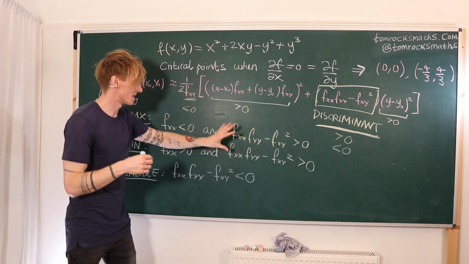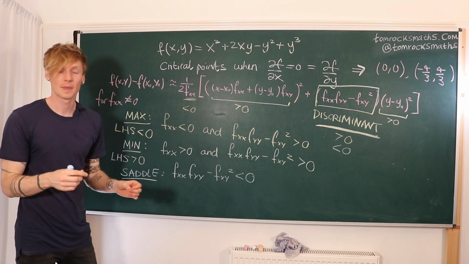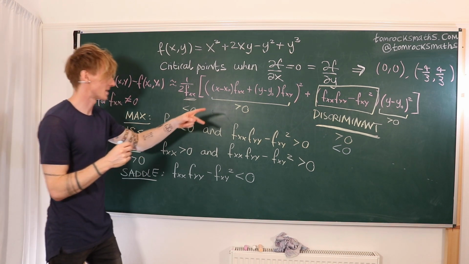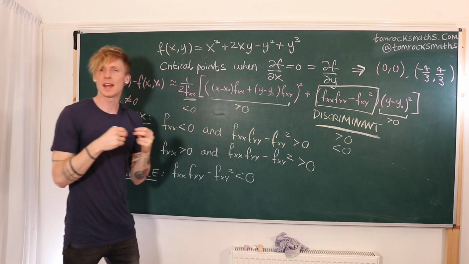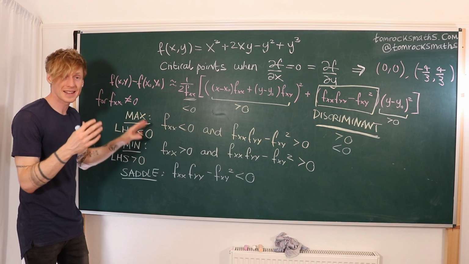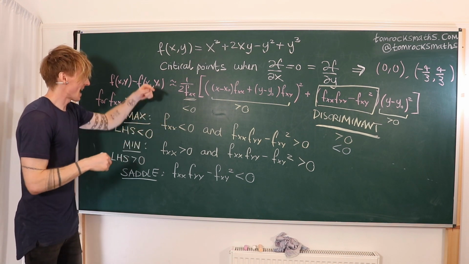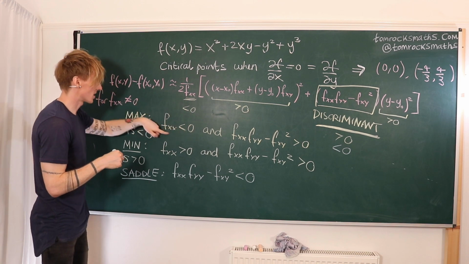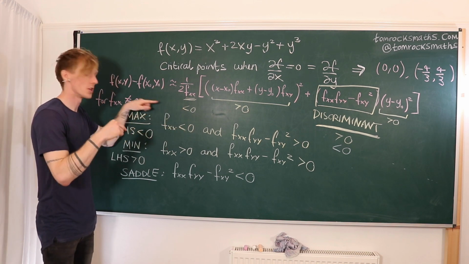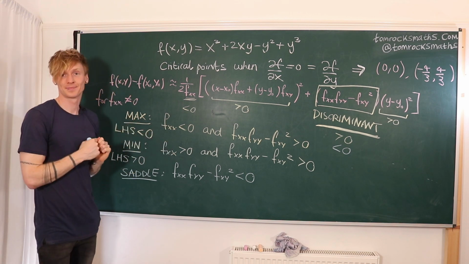If your discriminant is negative, you have a saddle. If the discriminant is positive, then you have to also look at the sign of either fxx or fyy. If the sign of your second derivative is negative, you have a max. If it's positive, you have a min.